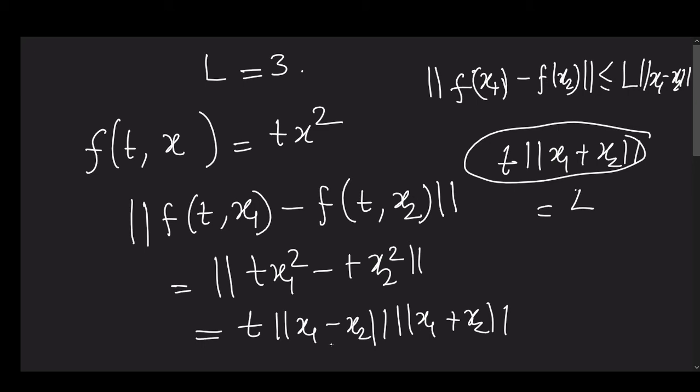So you pass t1, t2 through that function, and you will get x square inside that norm t1 minus t2. So for all finite values of x, L will become x square. So this function is Lipschitz with respect to t, but it is not Lipschitz with respect to x1, x2.